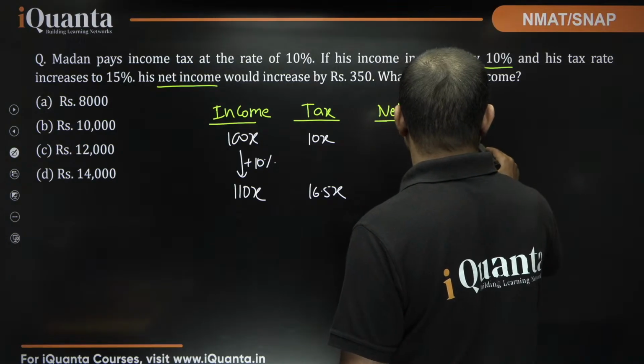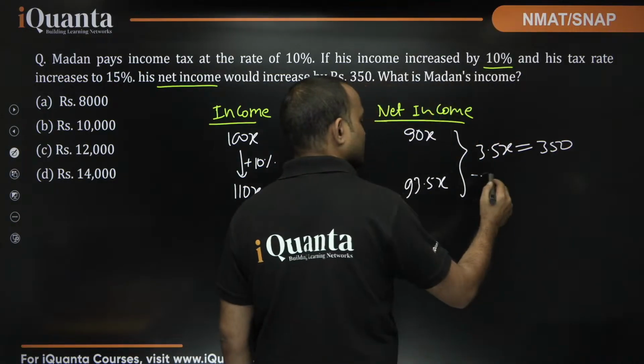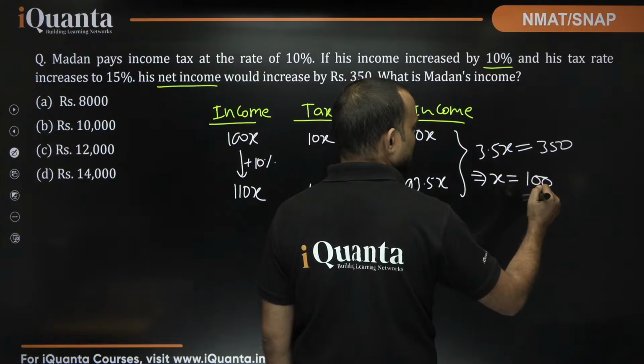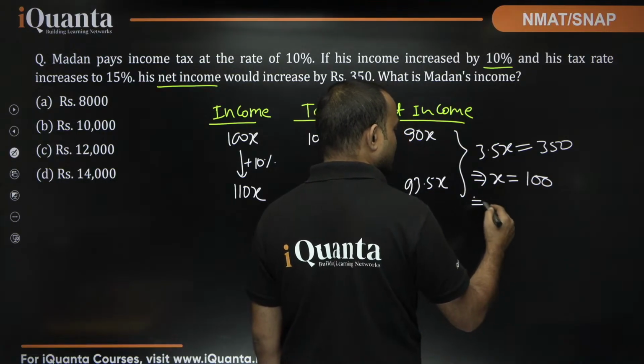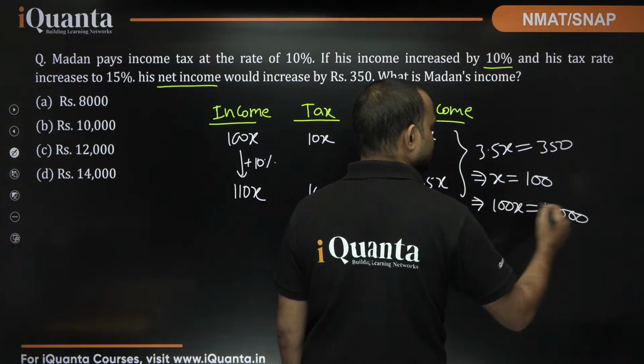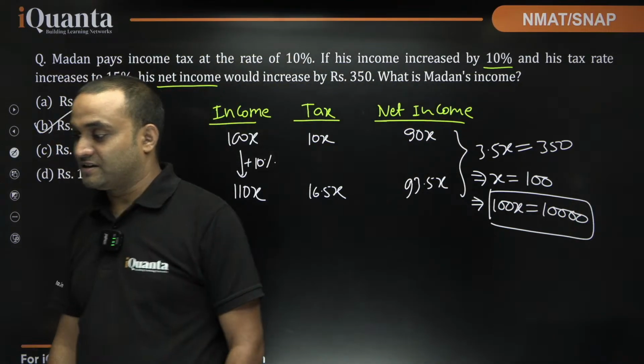So the difference is 3.5x, which is equal to 350, so x is equal to 100, right? If x is equal to 100, the total income is 100x, which will be 10,000. So our answer is option B here.